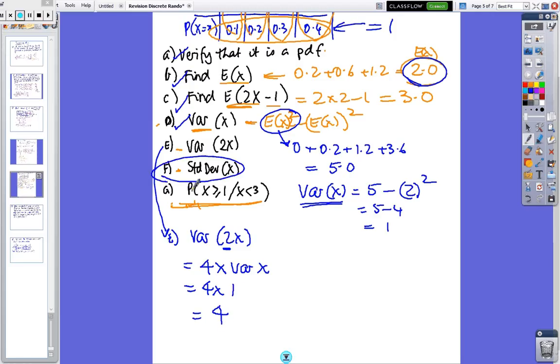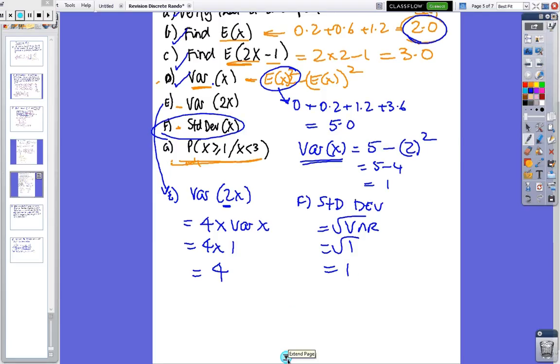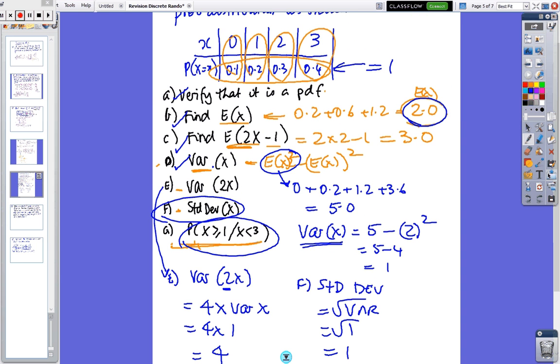Okay, F is related to D, so the standard deviation equals the square root of the variance, which is the square root of 1, which is 1. And the last one we actually didn't need the answer for, so we go back up to the table. We've got to look for the overlap between these two and then divide by x less than 3.